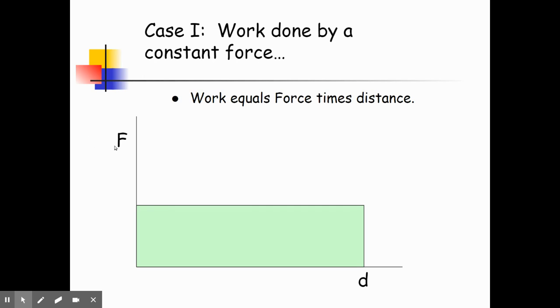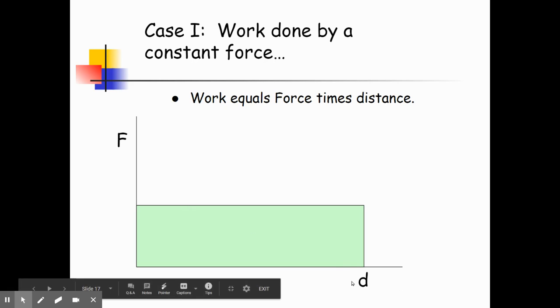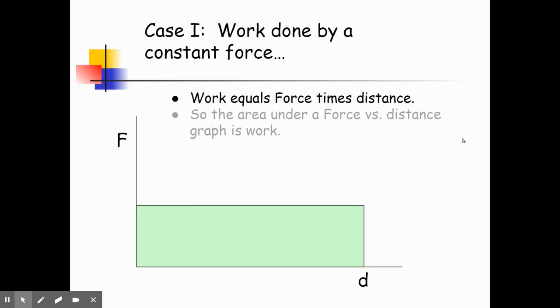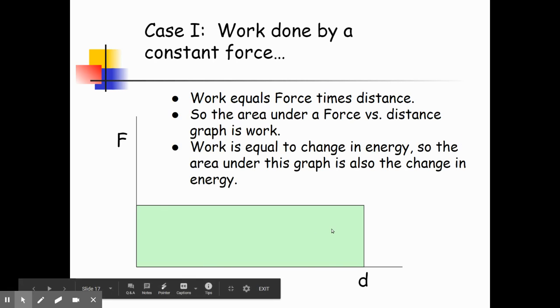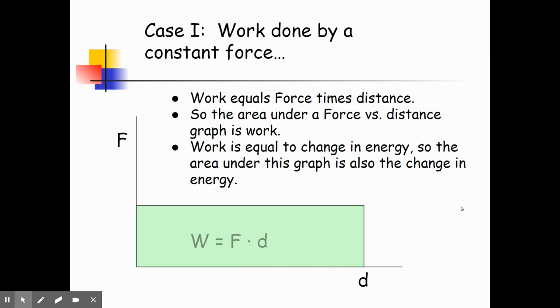Before, when we were talking about impulse, it was force and time. Now we're talking about work, so it's force and distance. So it's very similar but different. And this work is equal to your change in energy. Therefore, the area under this graph is also going to be the change in energy.